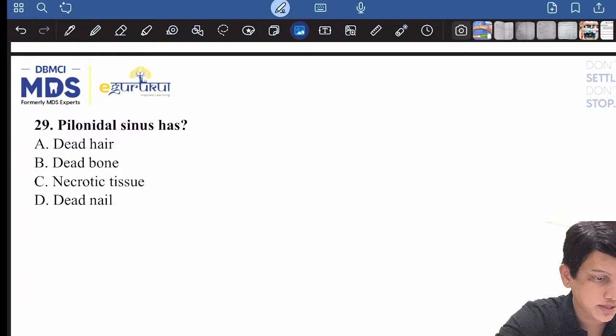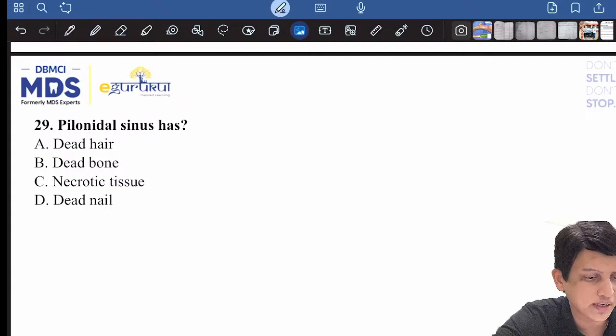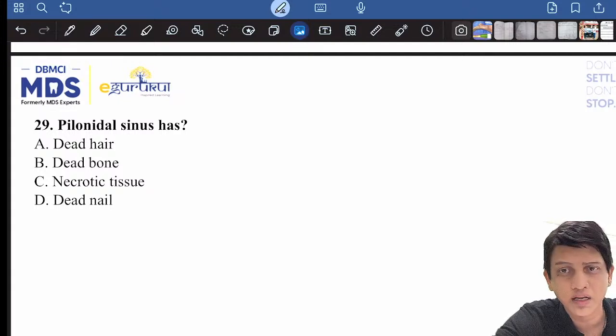Pilonidal sinus, anybody answering? Okay, the answer is pilo means hair. Hair is present in the sinus. It's called pilonidal sinus. It mostly happens in the natal cleft, near the anal area, just above that, in the sacrococcygeal region.